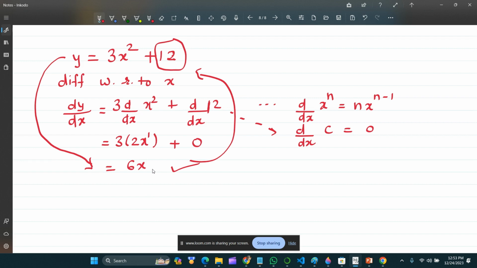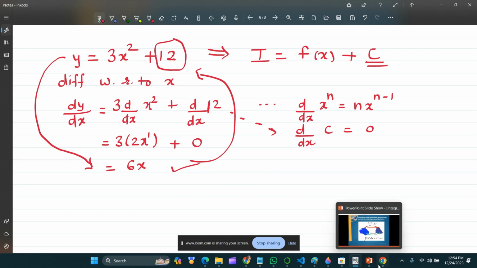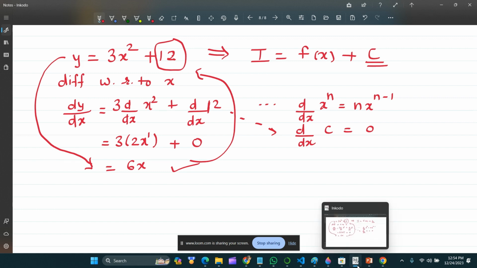We are given 6x and have to find the function, so we don't know this constant. In general, we write the integration as f of x plus c, where the constant can be any number. I hope you can understand this concept. If not, we'll see the next example.